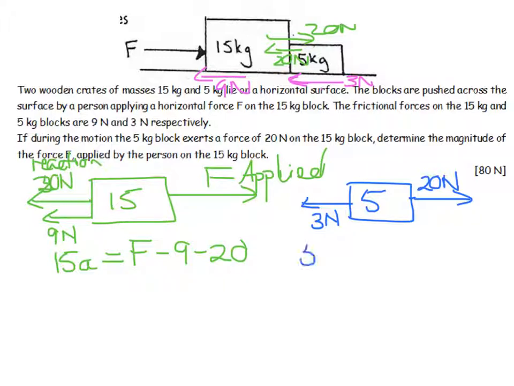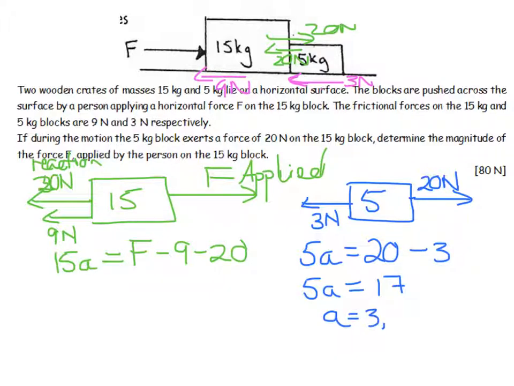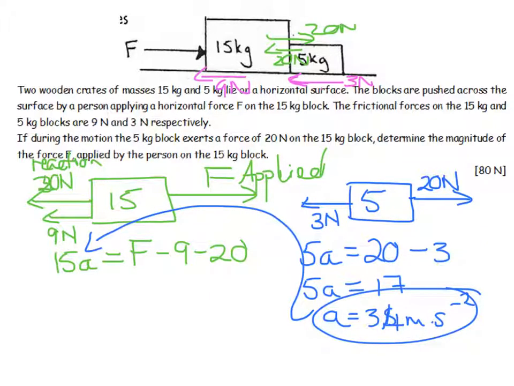Looking at the other block, 5a is equal to the big force, 20, pushing to the right, minus the small force to the left, 3, and I land up with 17. So 5a is equal to 17, and I can therefore work out that a turns out to be 3.4 meters per second squared. I'm then in a position to take that a up into that equation over there and determine the force.